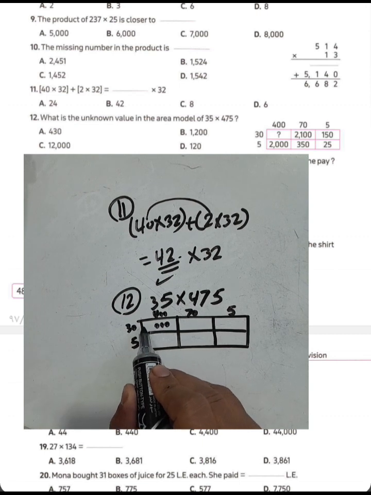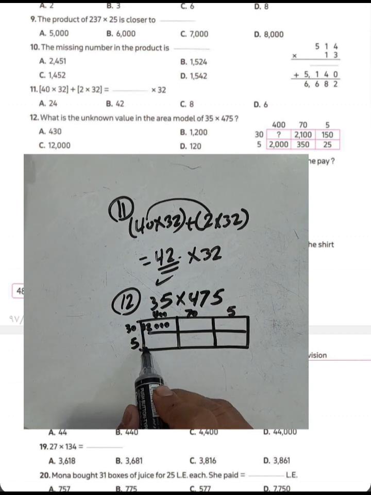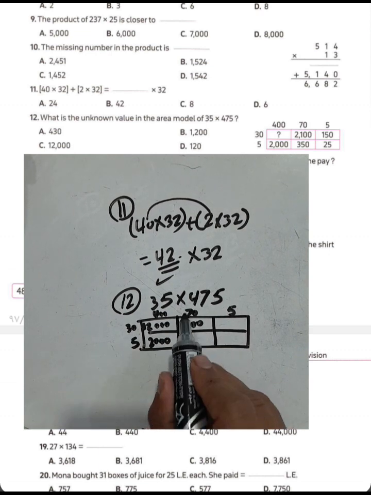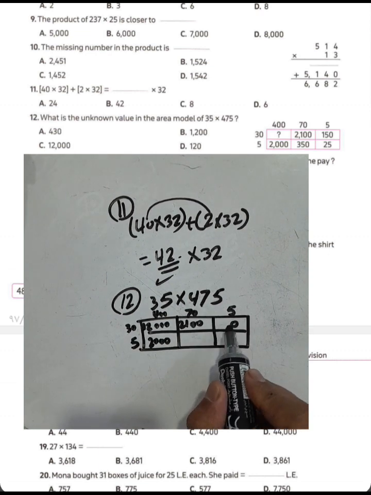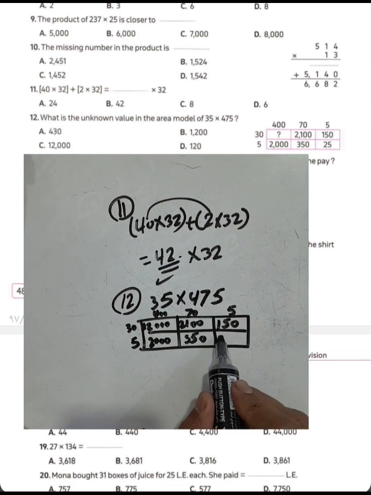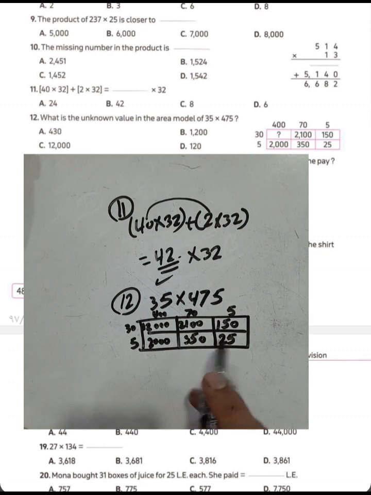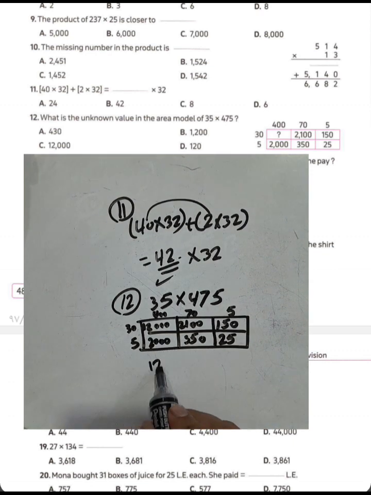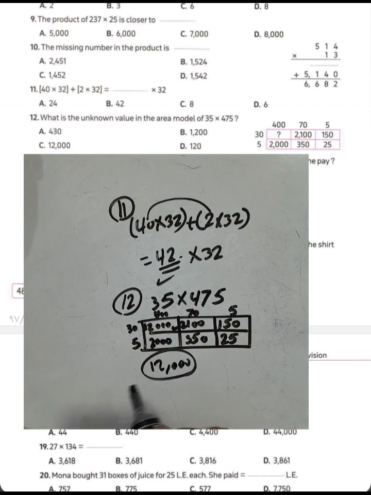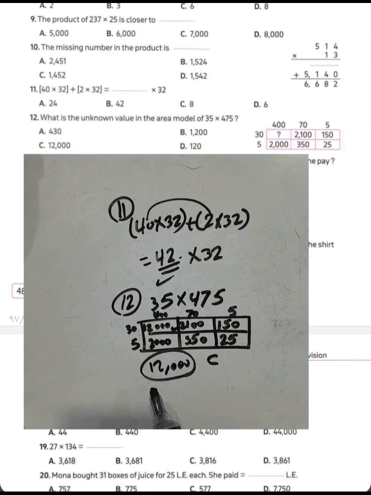Right, 3 times 4 equals 12, and 5 times 4 equals 20, and write 0, 3 times 7 equals 21, write 0, 3 times 5 equals 15, write 0, 5 times 7 is 35, and 5 times 5 is 25. Then the unknown value in the area will be 12,000. Choose letter C.